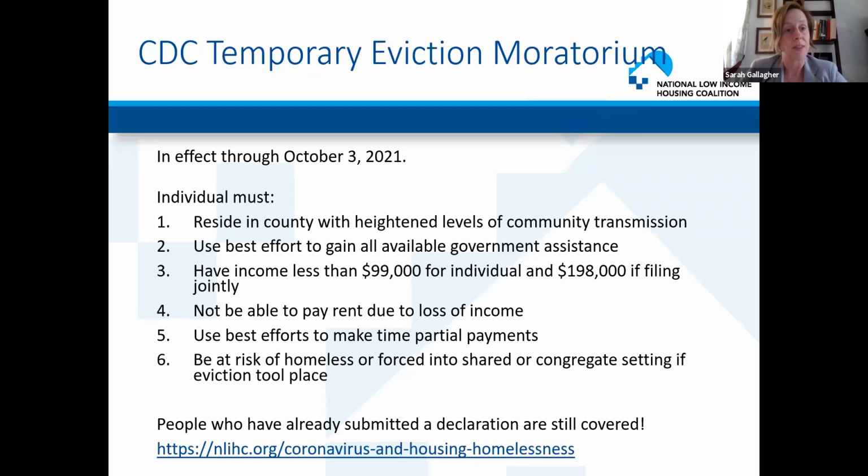It should be noted with this new moratorium that people who have already submitted declarations would be covered and would not have to submit a new declaration. You'll see here a link, and we'll put one in the chat, to the declaration forms that are available in 20 different languages.